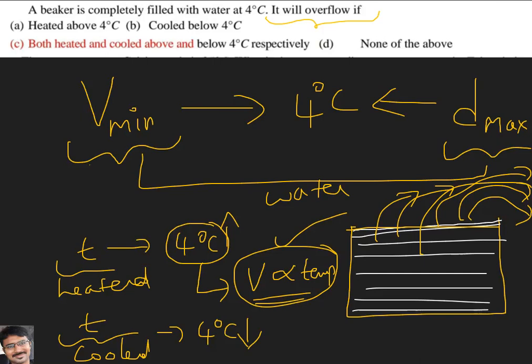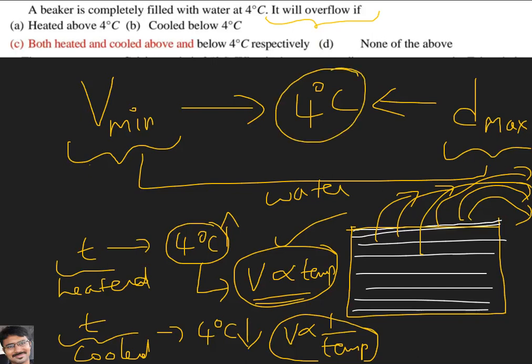Now volume is inversely proportional to temperature. I told that at 4 degrees centigrade the volume is minimum. So when temperature is less than 4, volume will be more. Temperature decreases, volume increases. That means water is expelled even if temperature decreases below 4 degrees centigrade.